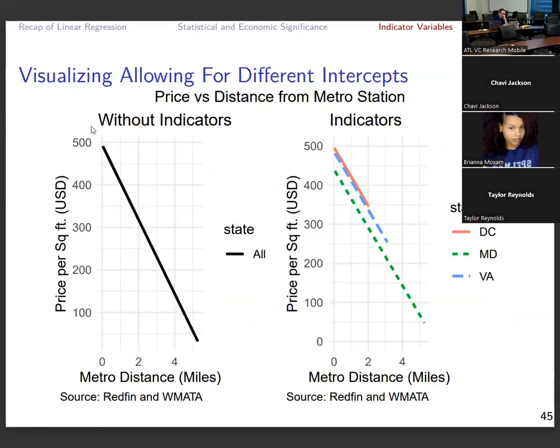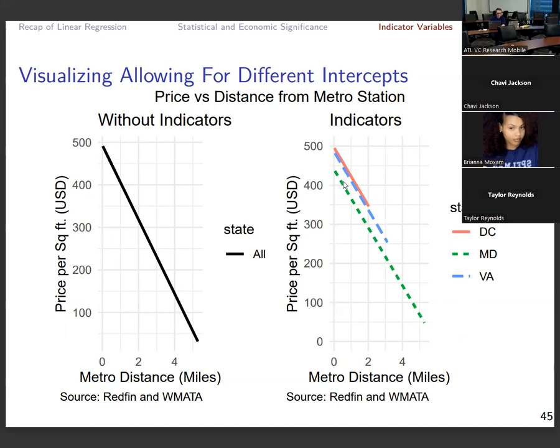All right, and so graphically, this is what we see thus far. This was our fitted line showing what the on average level of price per square foot was for distance away from a metro station. What we're going to do now is allow the average, well, I said average, but what I'm really saying is I'm going to allow the intercept, which is that coefficient, to be different if the observations came from DC versus Maryland versus Virginia.